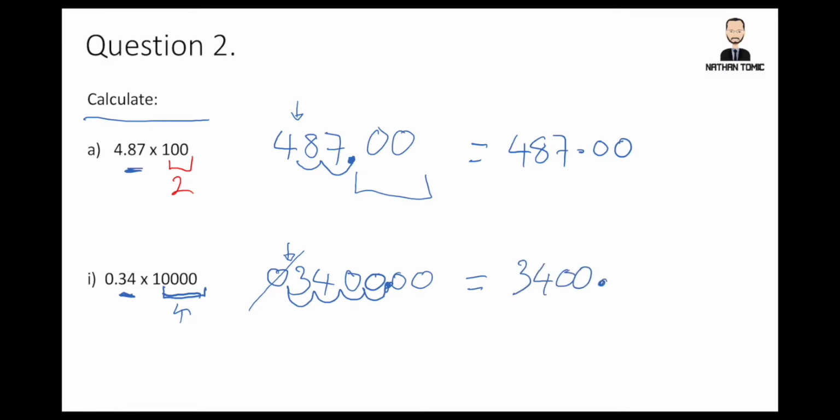There's the decimal point, and I'm going to keep those extra zeros so that it matches up with my question. Okay, so 3,400, but I'm still going to show those 2 decimal places in this case. And again, really important to understand why. It's because there's nothing in the question itself that says how many decimal places to show. So it's common practice to show it with the same number of decimal places as the question.